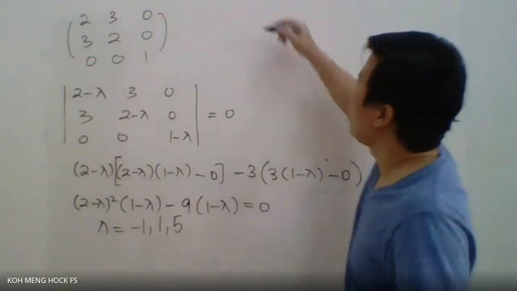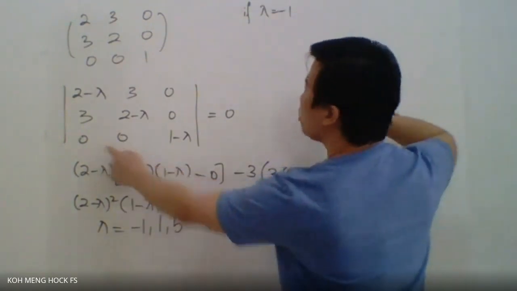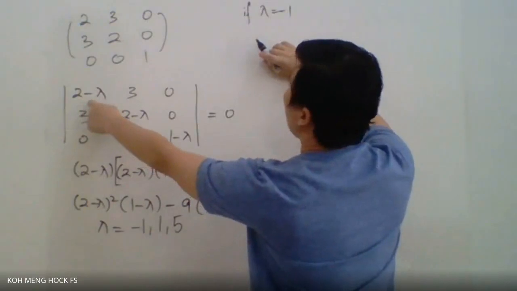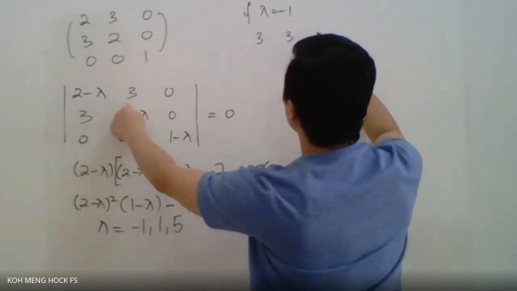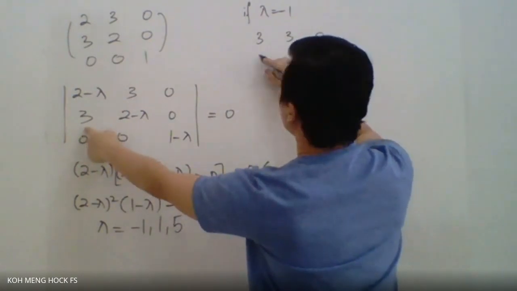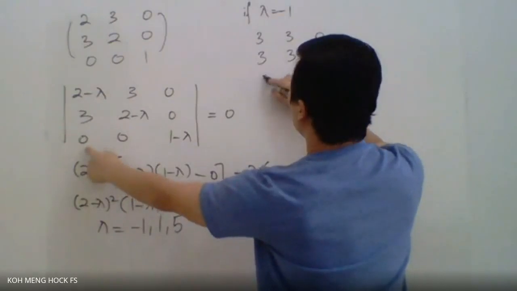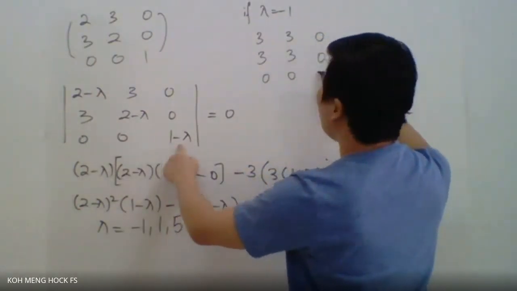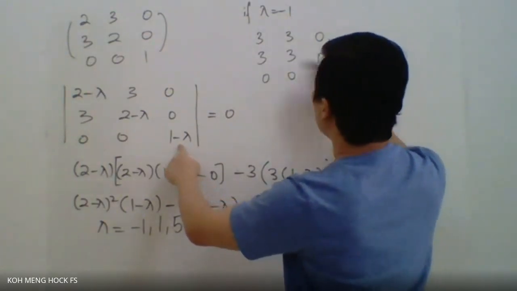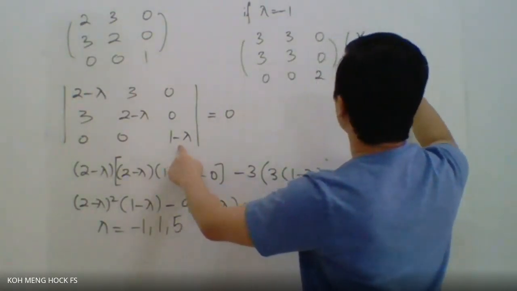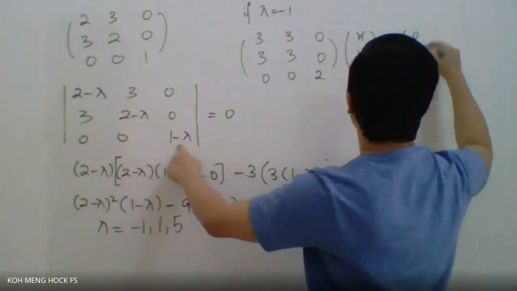If you put lambda equals -1 into this equation, here you have 2 minus -1, so you have 3, 3, 0; 3, 3, 0; 0, 0, 1 minus -1, which is 2; times x, y, z, equal to 0, 0, 0.